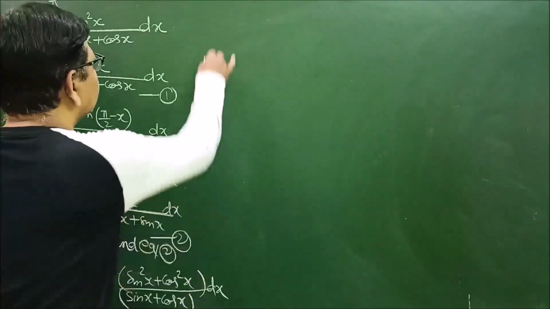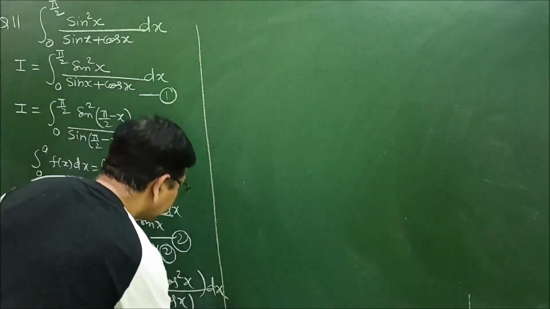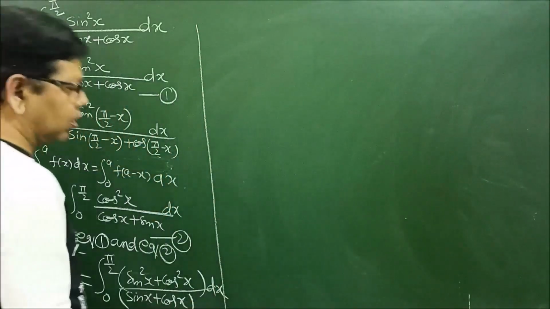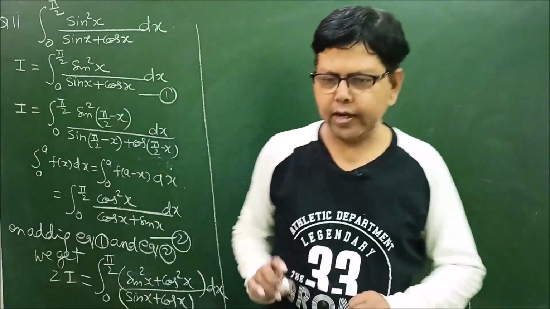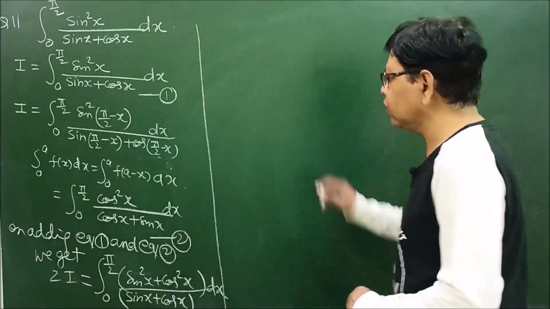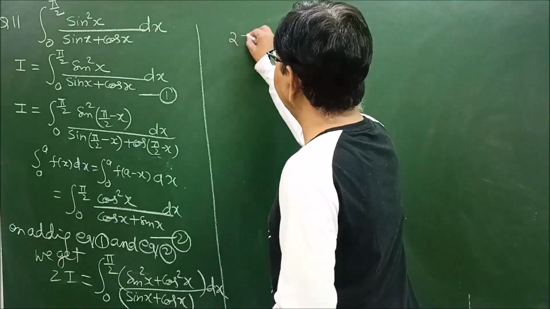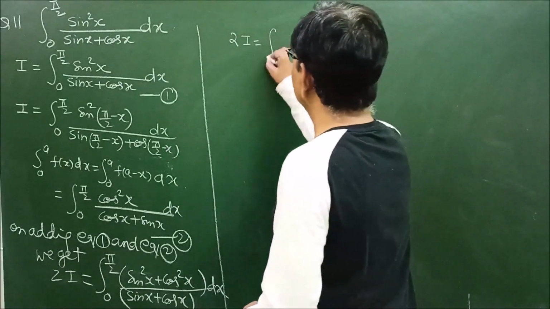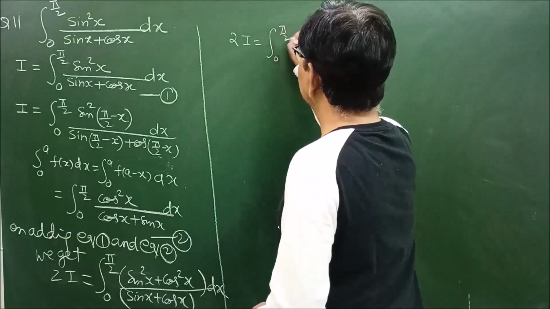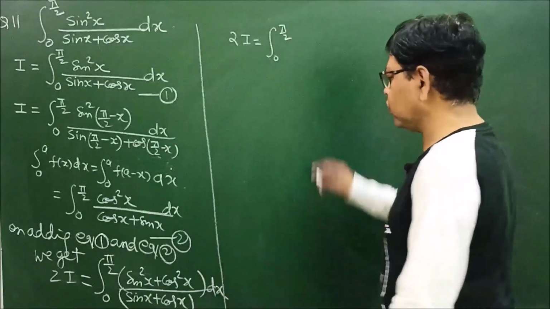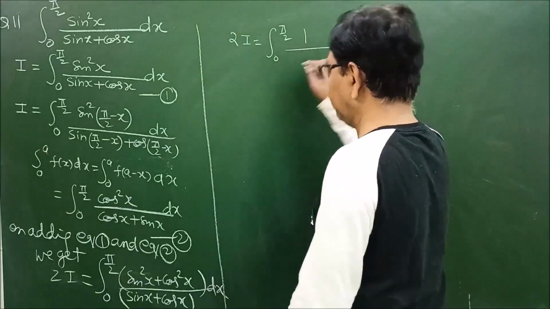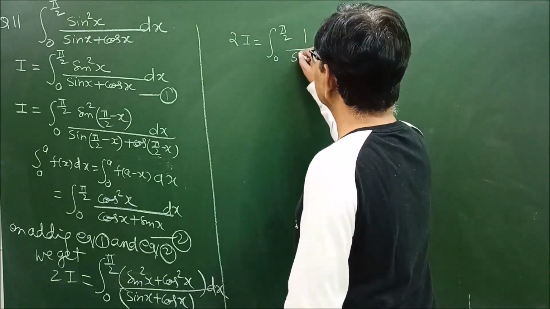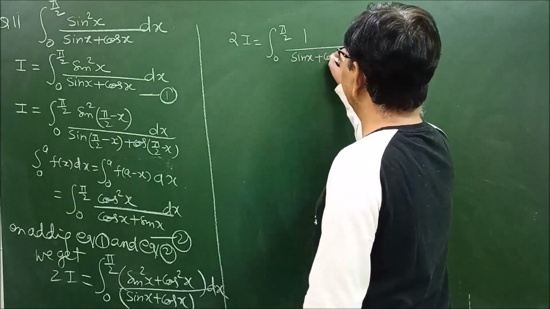So 2I is equal to, sin square x plus cos square x is equal to 1. So 2I is equal to the integral from 0 to pi by 2 of 1 upon sin x plus cos x dx.